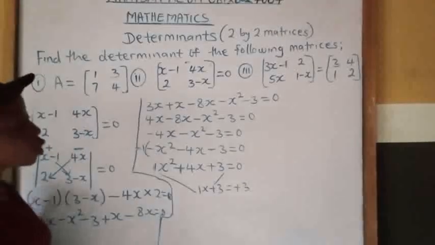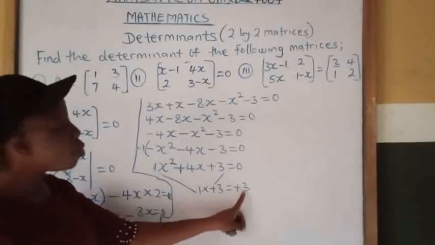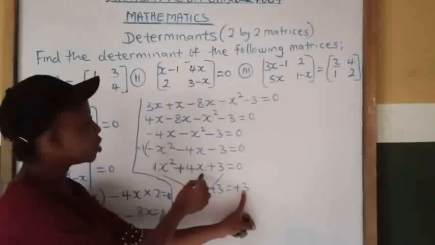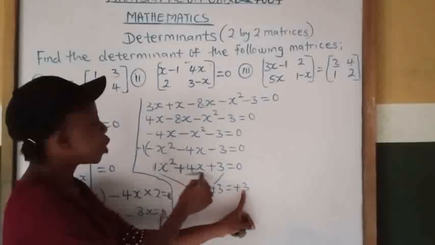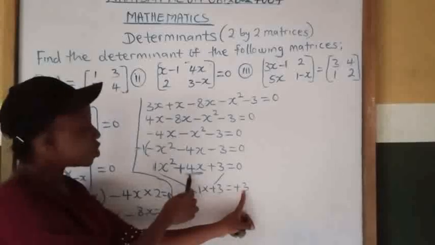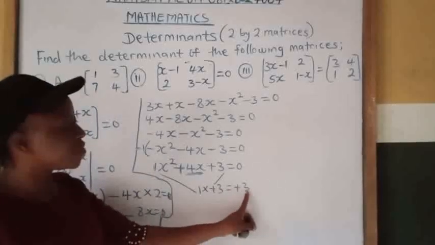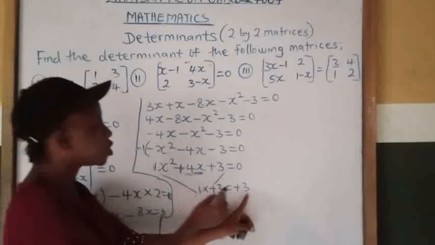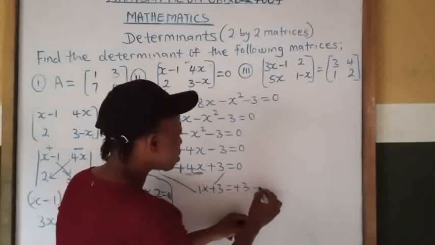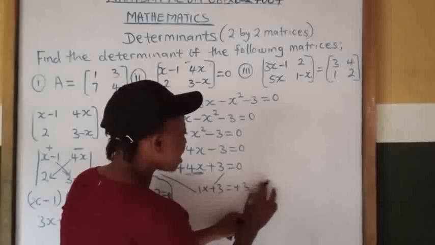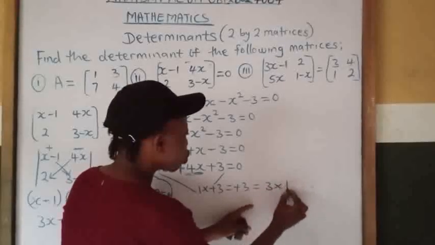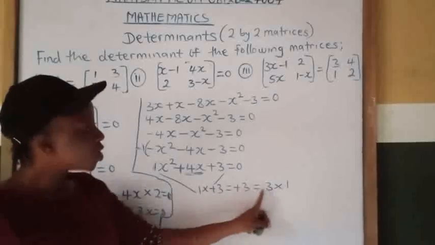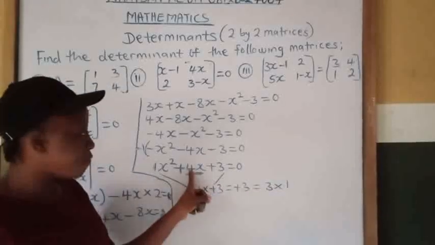So we are going to look for two factors that when we multiply together will give us plus 3, then when we add together will give us plus 4. So what are those factors? That's 3 times 1. 3 times 1 will give me 3, but 3 plus 1 will give me 4.